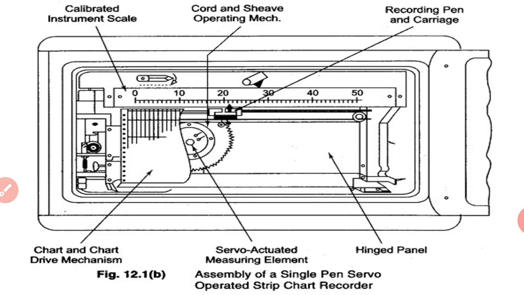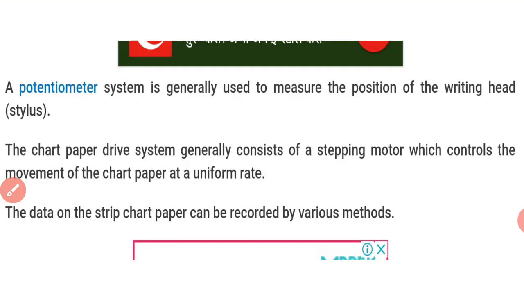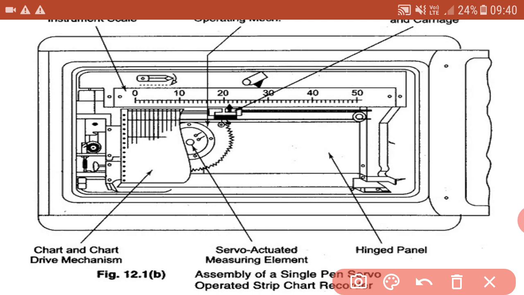Then the recording pen and cartridge. Here we can see this black one is the cartridge, and this black one is the recording pen. Then the chart and chart drive mechanism is here.